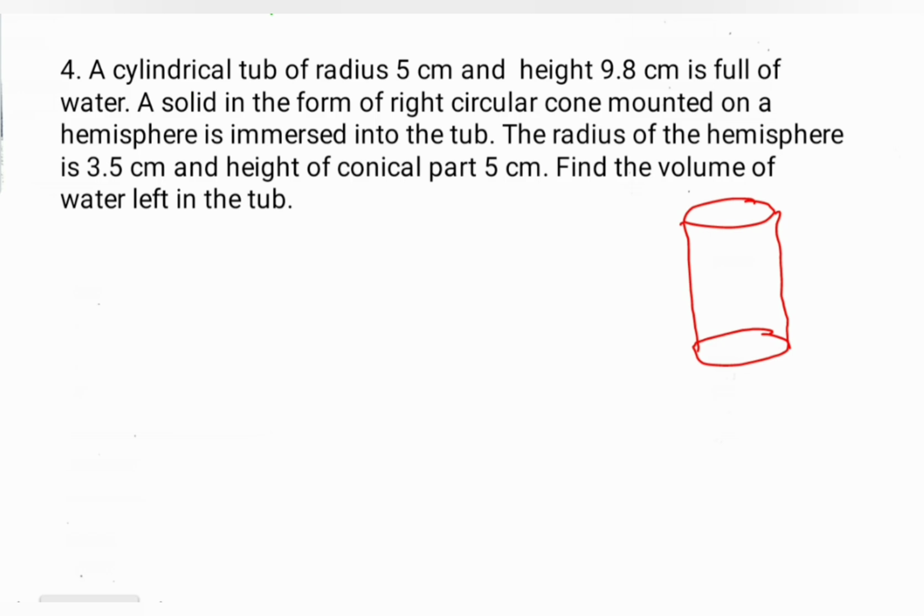This is a cylindrical tub with a radius of 5 centimeters, and the height is 9.8 centimeters, full of water. The solid in the form of a right circular cone is mounted on a hemisphere and immersed into the tub.